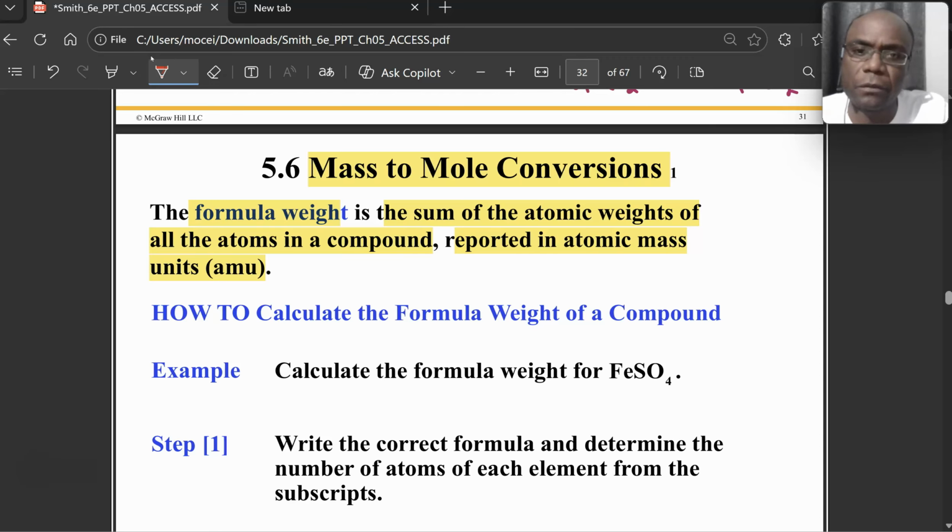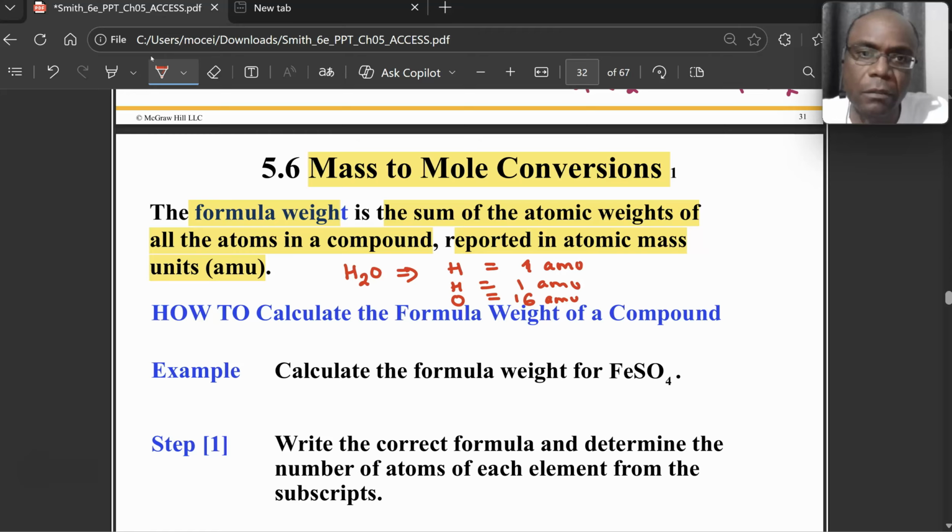Let me just give you a quick example of H2O. Now in H2O, the atomic mass of hydrogen is 1 atomic mass unit. Another hydrogen is 1 atomic mass unit. The mass of oxygen, according to our periodic table, is approximately 16 atomic mass units.